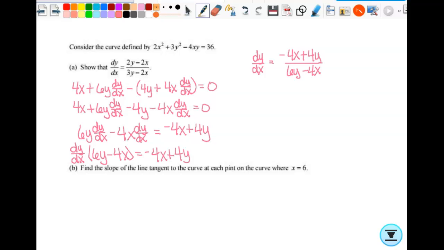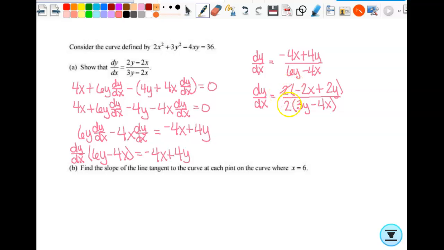But because I know what I'm trying to match, do you think I really want to factor out a negative 4? No, I want to factor out a 2. So then dy/dx is going to equal 2 times negative 2x plus 2y over, then I'd factor out a 2 down here also, and that would be 3y minus 4x.